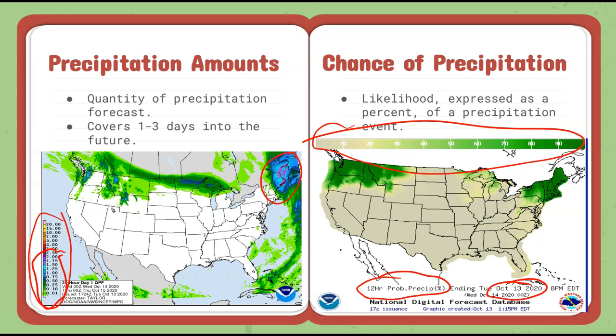So you can see that these two maps actually line up quite closely when it comes to the chance of precipitation in the areas where they predict the amount of precipitation. It really lines up with these two maps for this instance, and typically they do.